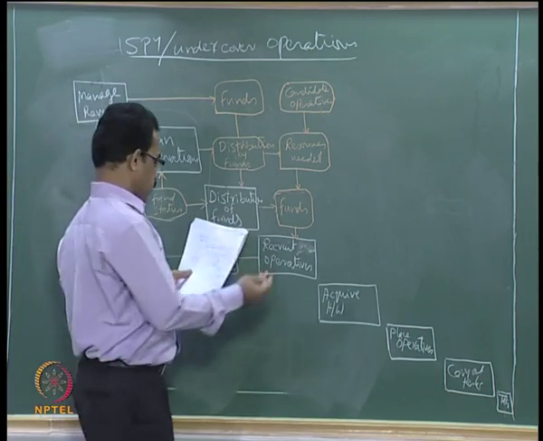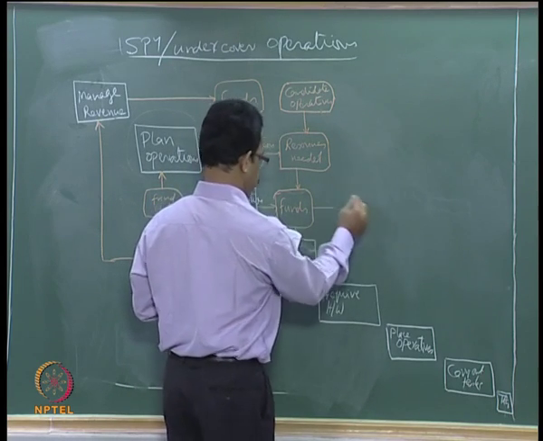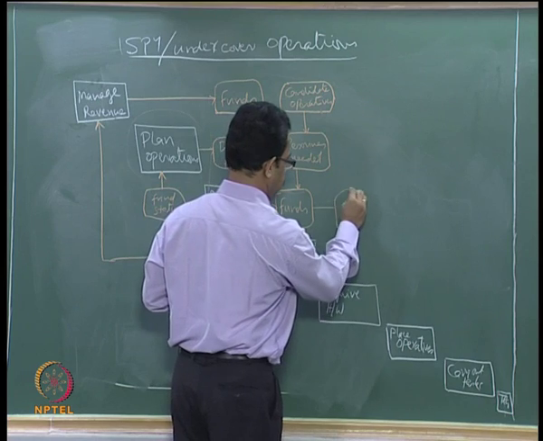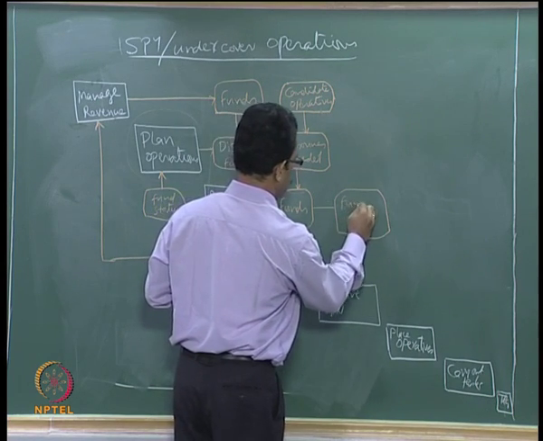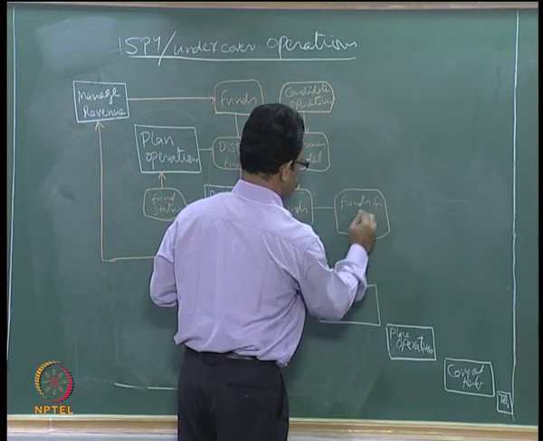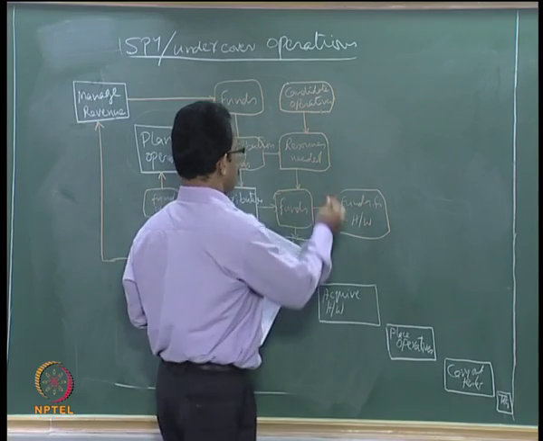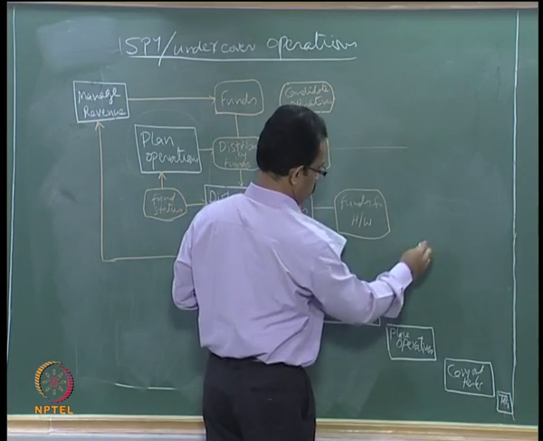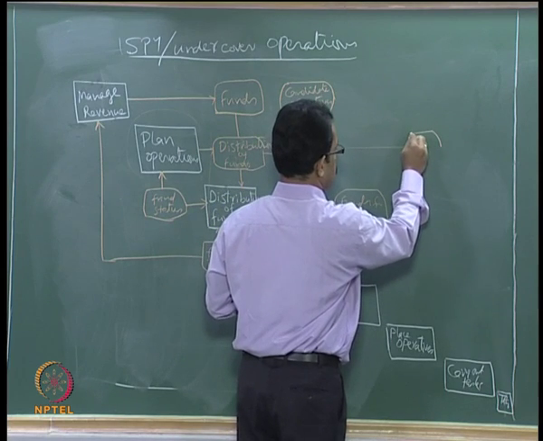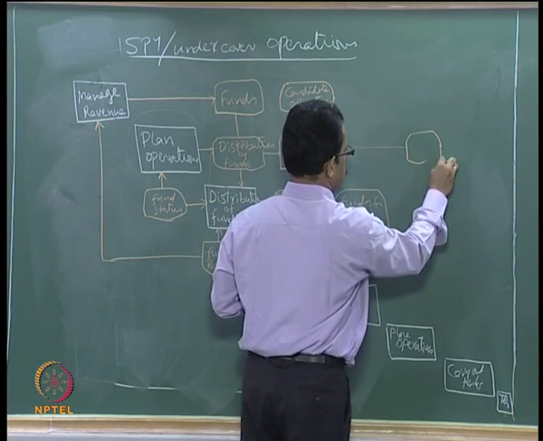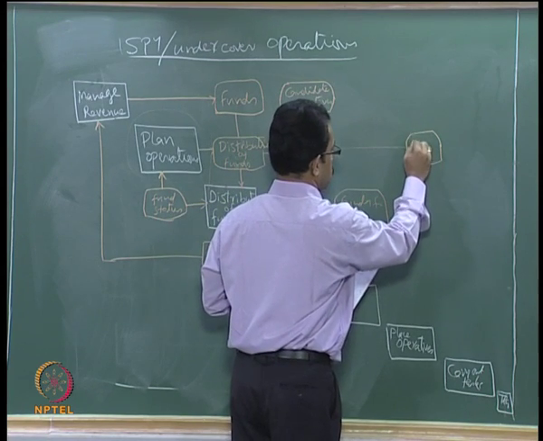Similarly, the supply funds here, and then funds for hardware. So for acquiring the hardware, you have to provide funds, so funds for hardware will be provided. And then there will be the planning of the action. So the plan for the activities for the spy work or whatever may be the undercover operations. So this is the planning.